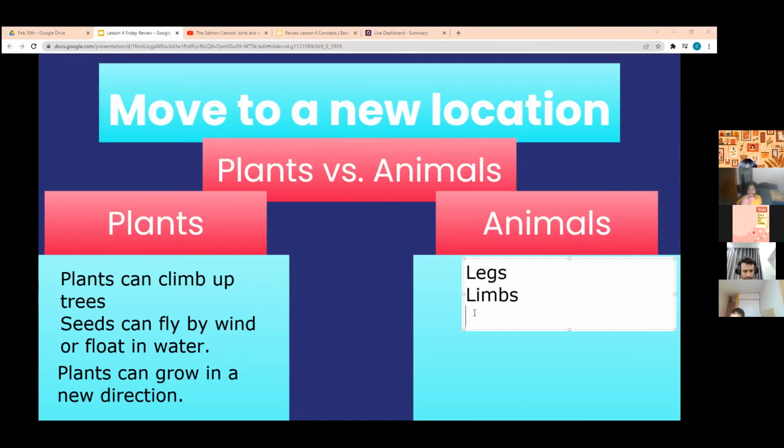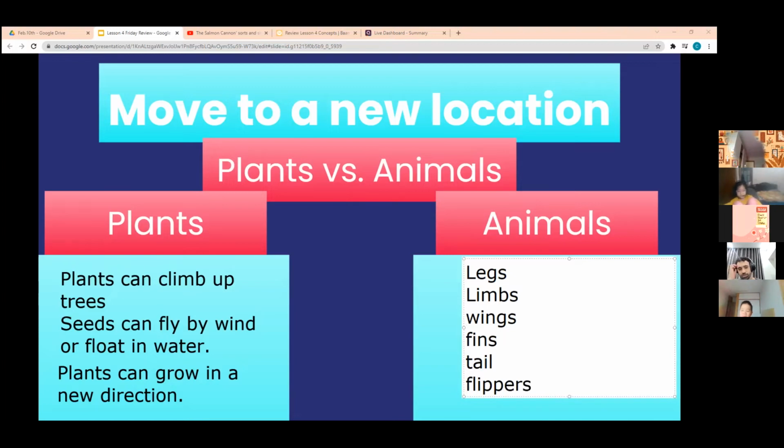What about a bird? Or a butterfly? Muscles. Yes. Okay, what about a butterfly or bird, though? We're going to write wings. And how about a dolphin? Fins, tail, flippers. There's tons of different things. So animals have tons of different body parts that allow them to move.